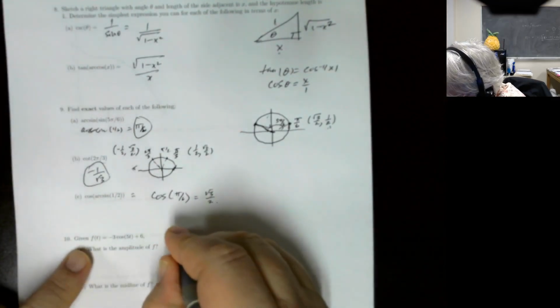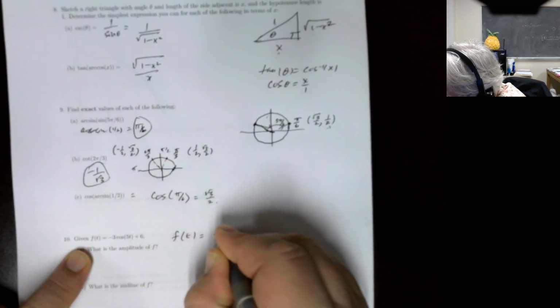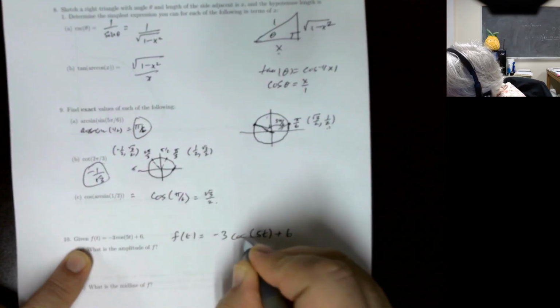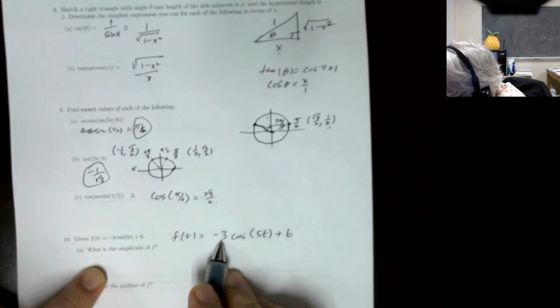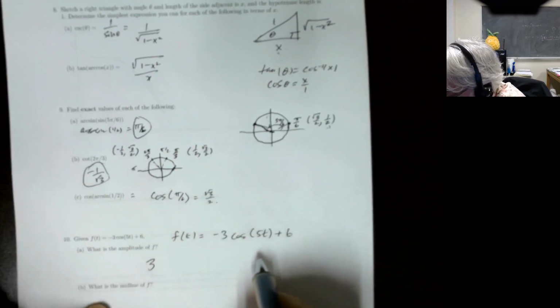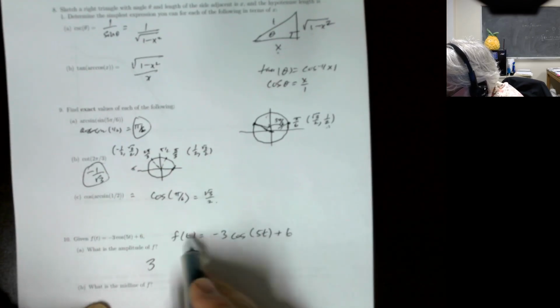So now last one on this page, minus 3 cosine 5t. I'm just writing this a little bit bigger so you can see it. The amplitude is the absolute value of this number right here, which is 3. The midline is where this thing goes.